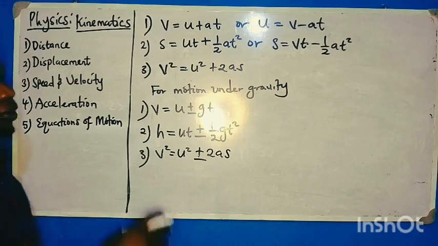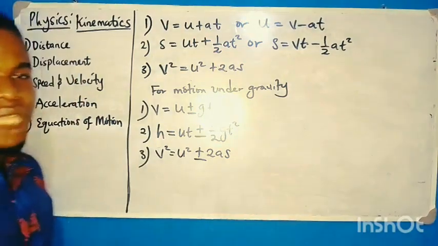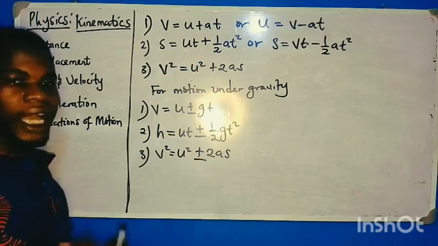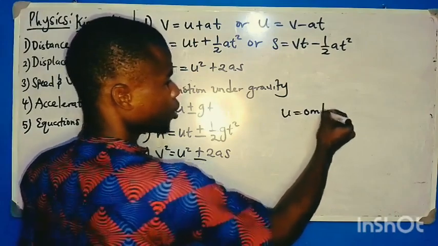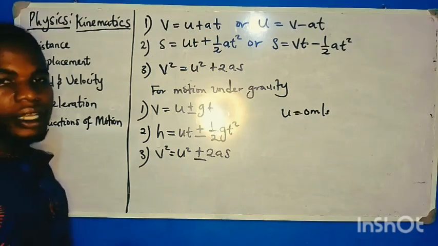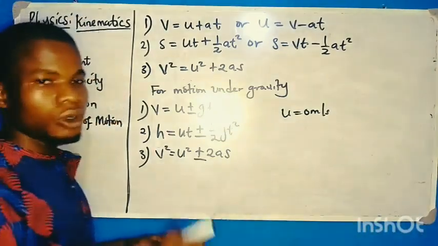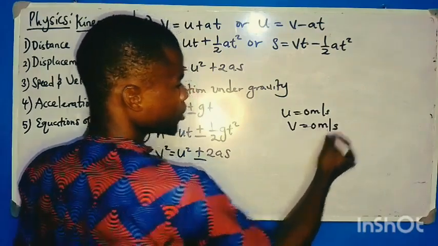Now, whenever you are told that a body or a car starts from rest, our initial velocity is always 0 meters per second. But if you hear that a brake has been applied and the body comes to rest, v becomes 0 meters per second.